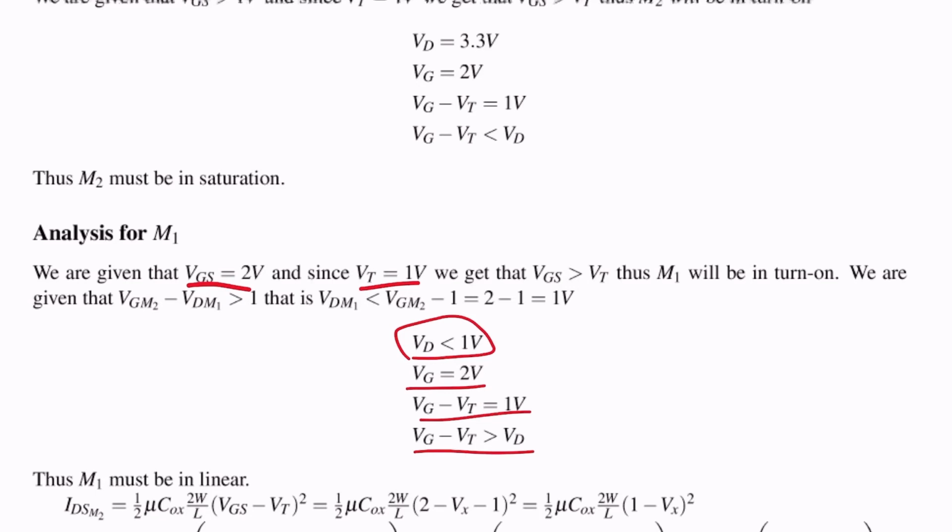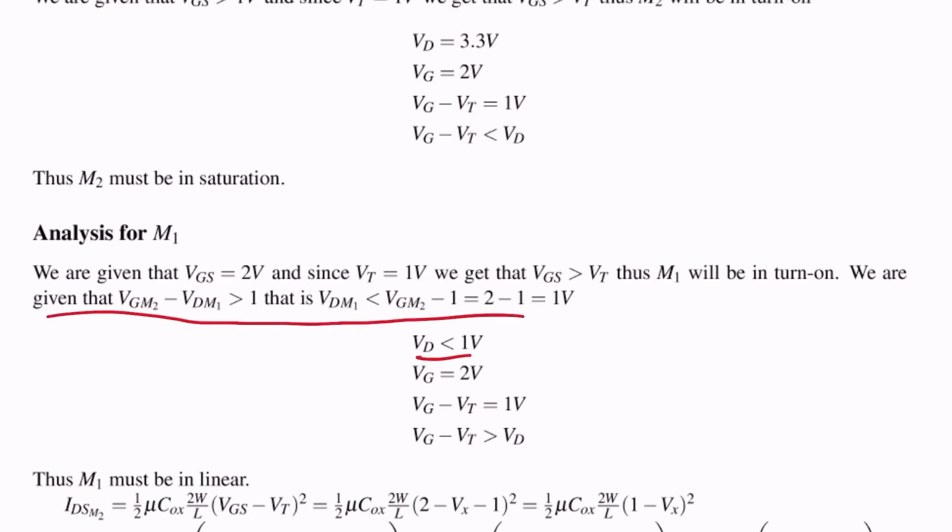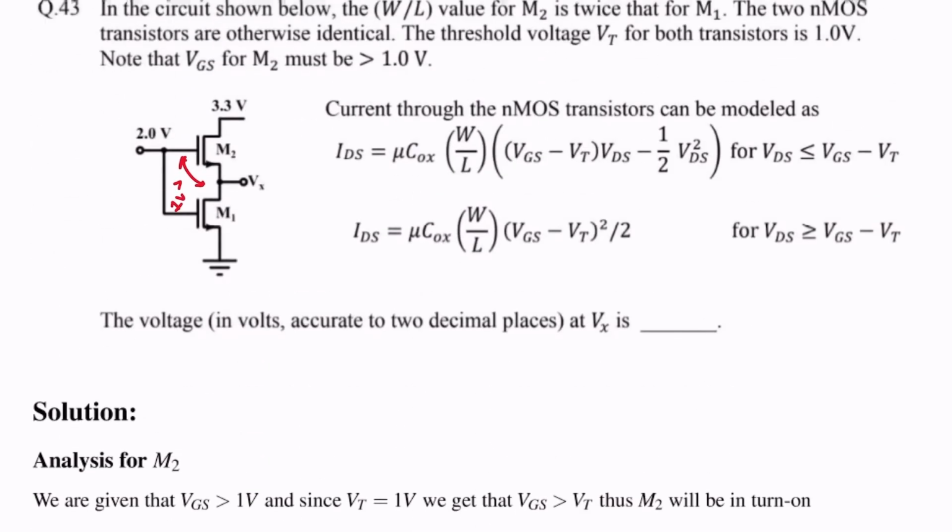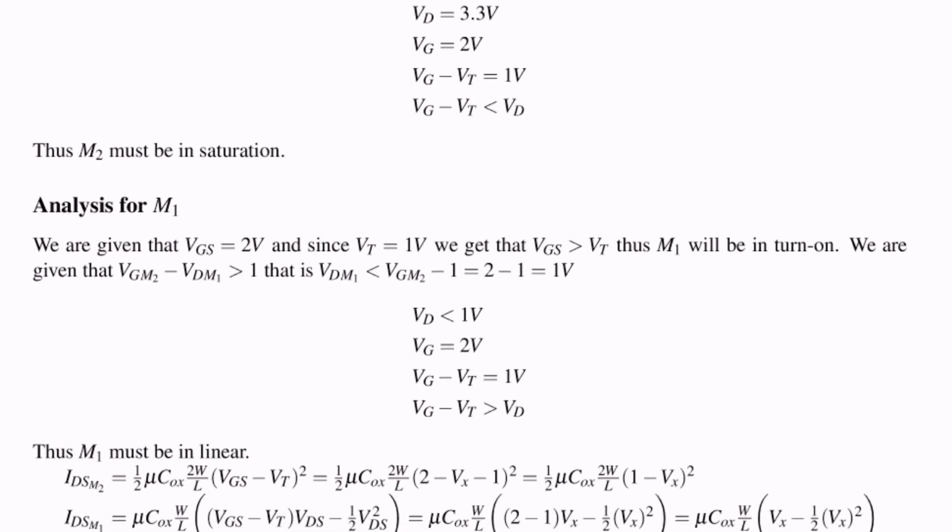Thus M1 must be in the linear region, right? And we get that VD is less than 1 volt through this, right? It comes from the fact that the source of M2 is the drain of M1.